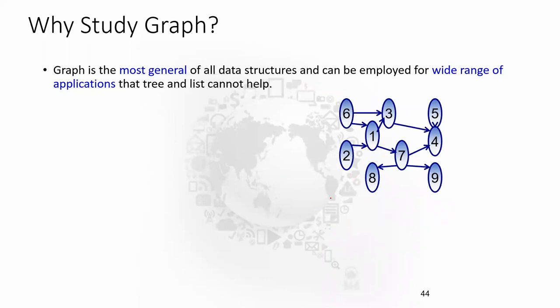So a graph is the most general of all data structures and can be employed for a wide range of applications that trees and lists cannot help. A graph can be applied to a family tree, yes. But can a family tree that uses a tree go to graph form? Probably not, because a tree has the restrictions.